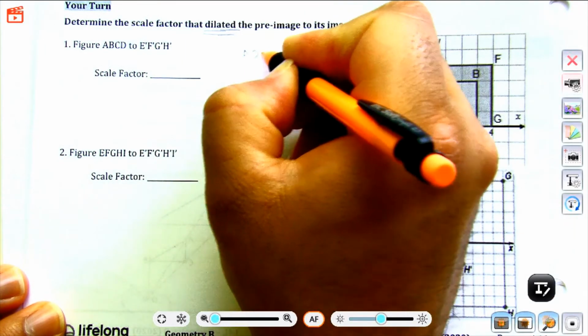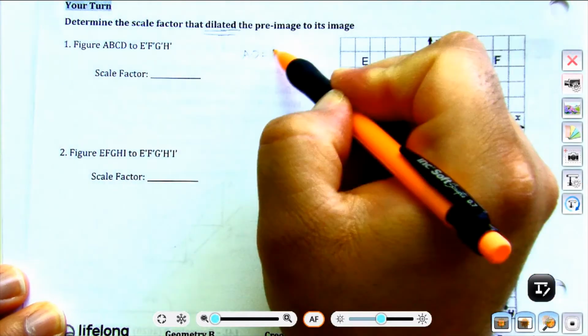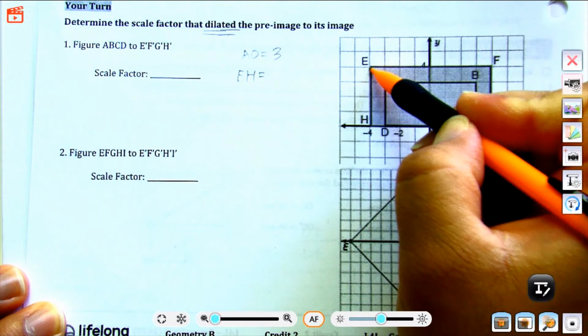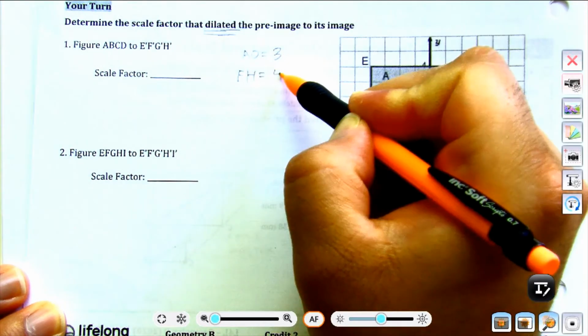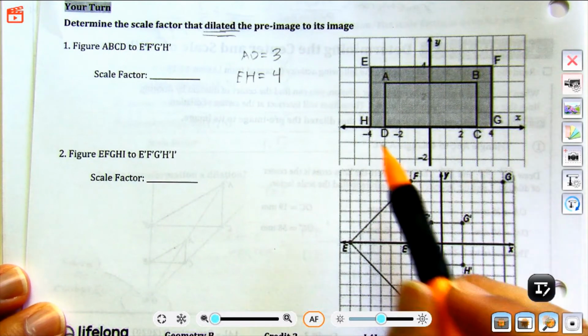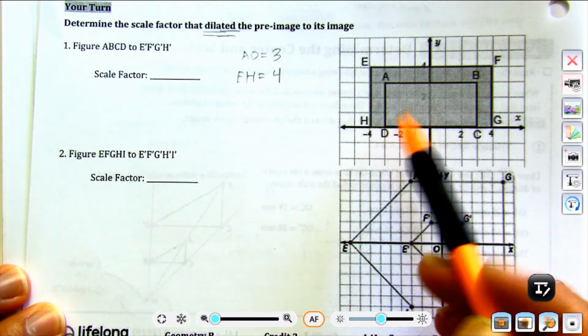EH is equal to 1, 2, 3, 4. And remember, to find the scale factor, we do the image divided by the pre-image. So the scale factor would be 4 over 3.